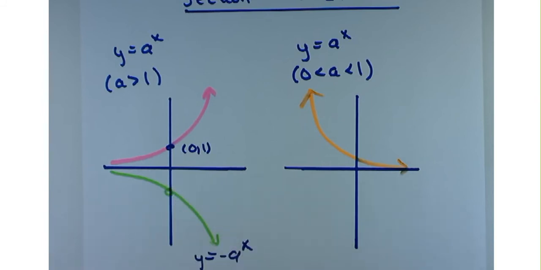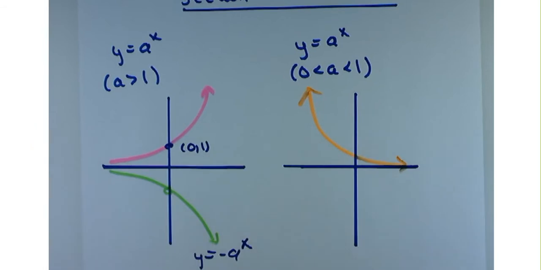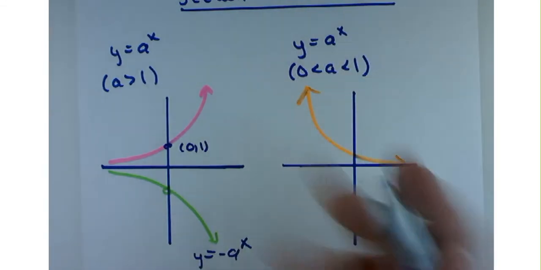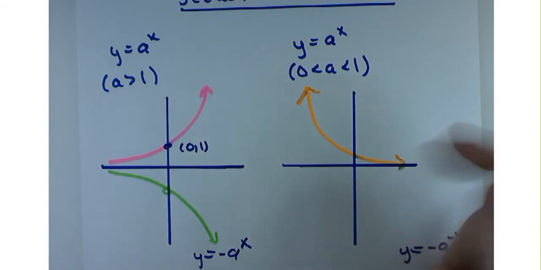It's going to reflect it around the x-axis, and it's going to come down like this. And I can do likewise with this graph over here. I can look at y equals negative a to the negative x. So not only have you flipped it around the x-axis, but you're flipping it down here.